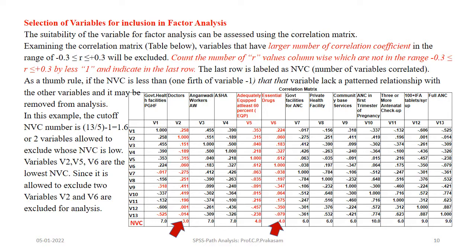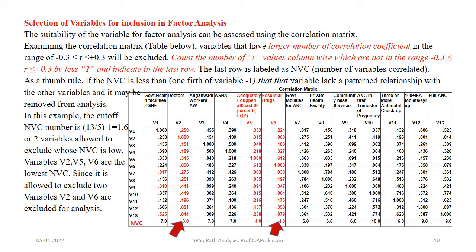That is approximately 2 variables are allowed to be excluded whose NVC is low. When you look at the last row, V2, V5 and V6 are the 3 variables where the NVC is very low, the least among the total number of variables.